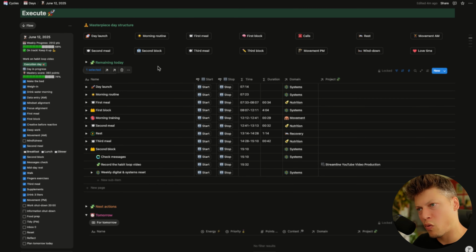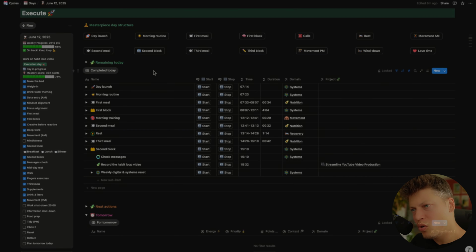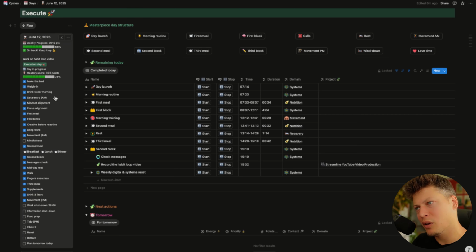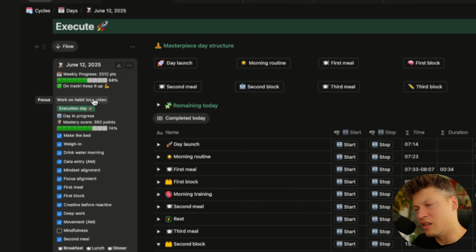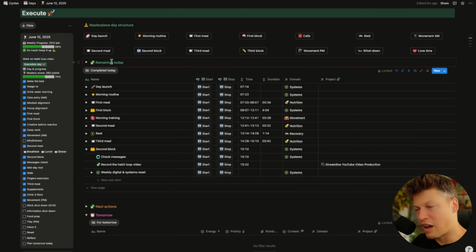The fifth type of queue is a little unusual, but to me it still matters a lot, and this is simply you creating a focus for the day. If we look here on the left, this input here is my focus for the day. It wasn't an action that I've planned, I didn't input an action in my action items database and plan it for today.